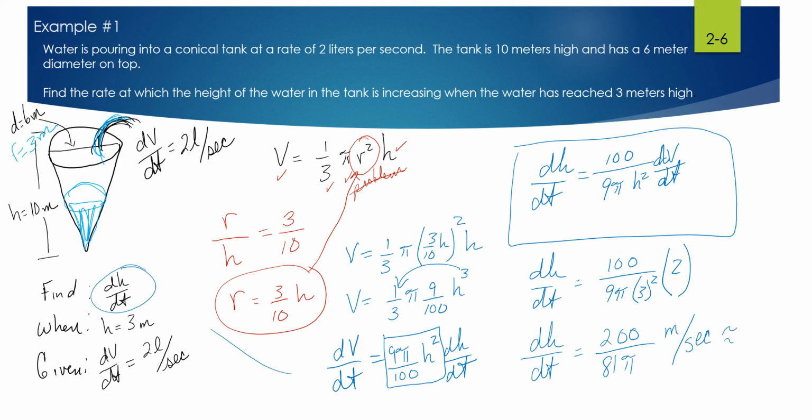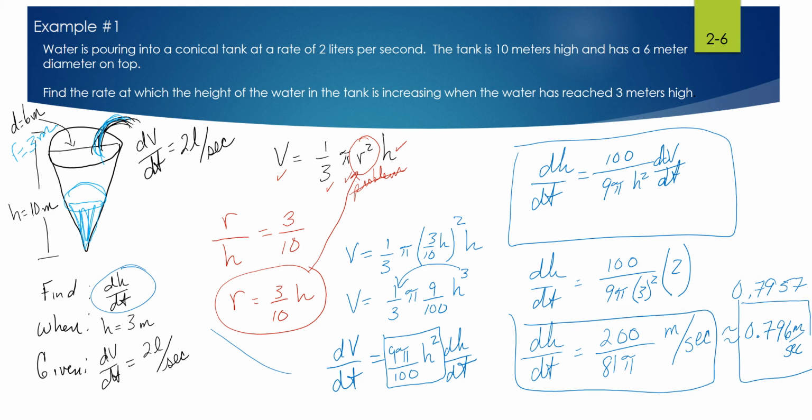And that's going to be approximately, when I put it in my calculator, 0.7957, and it's much longer than that, but I looked at 4 digits because I want you to round correctly, and so I have 0.796, and again, meters per second. And so I have one answer here, and I have one answer here.